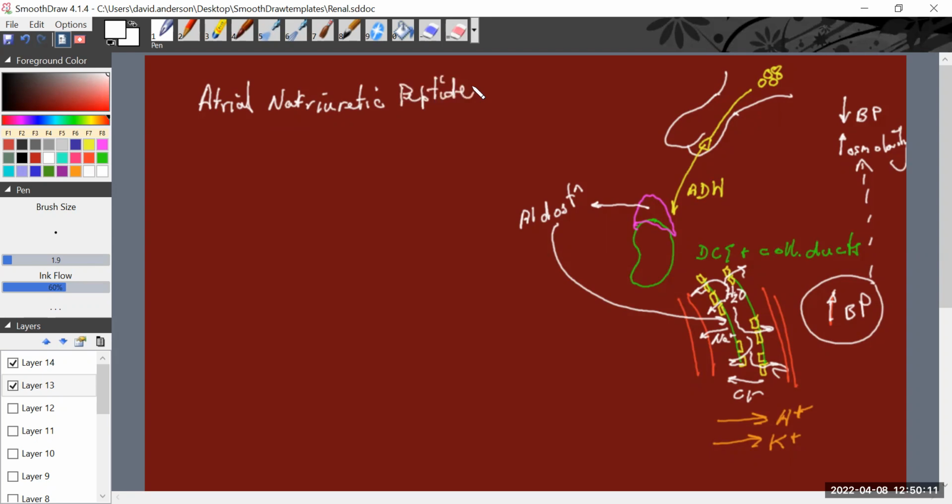So I don't know if anybody's heard of this hormone before. Its abbreviation is ANP. But this is a very well named hormone because every part of this name explains something about this hormone. Cells in the atrial wall, atrial.